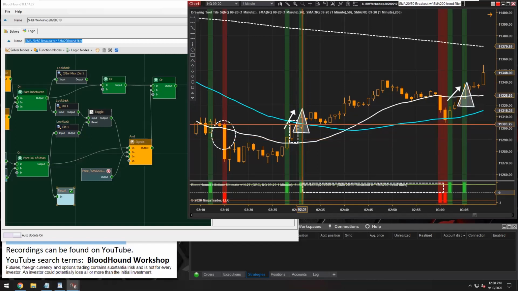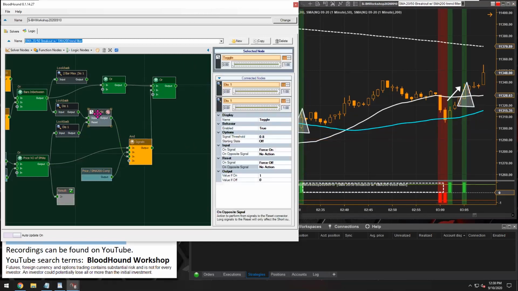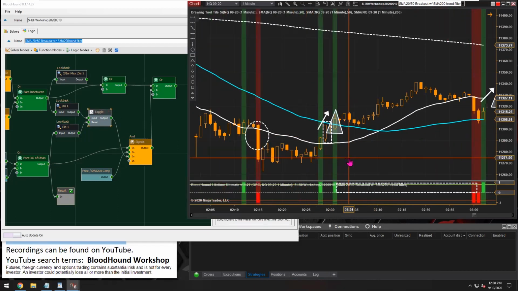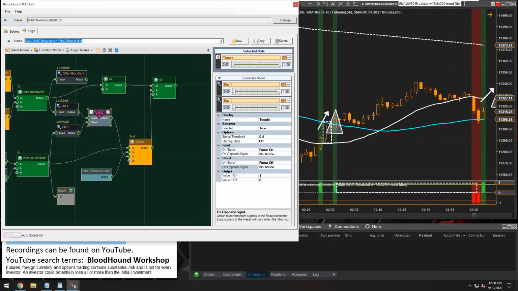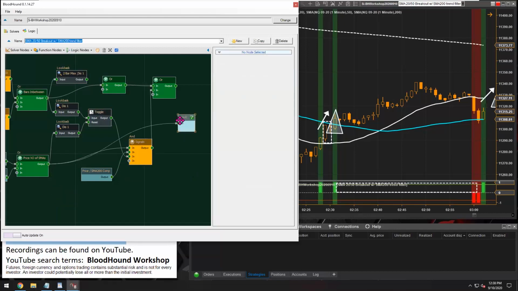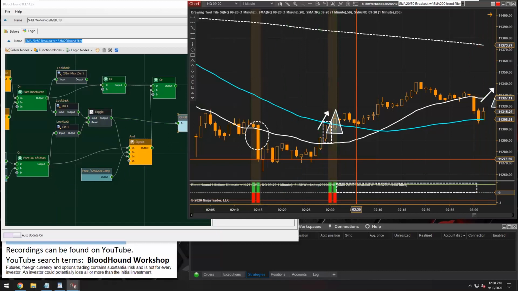So that long and short was turning off the long and short of the toggle node. But now that we made this recent adjustment, the crossovers are only giving us a long or a short, one or the other, not both. So using both on signal and on opposite signal to turn the toggle node off fixes the problem with the toggle node. So there we go.